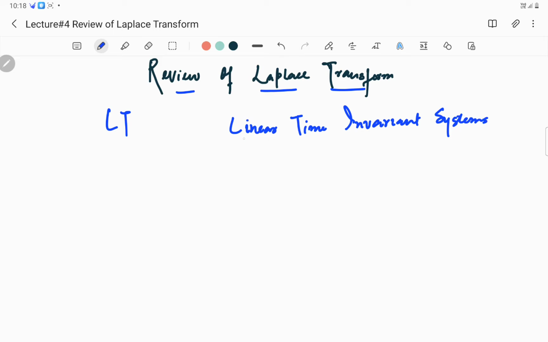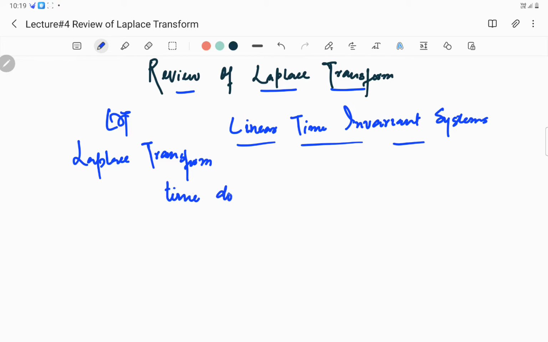For linear time invariant systems, we use Laplace transform for analysis and design. Basically, Laplace transform converts a time domain signal into frequency domain.